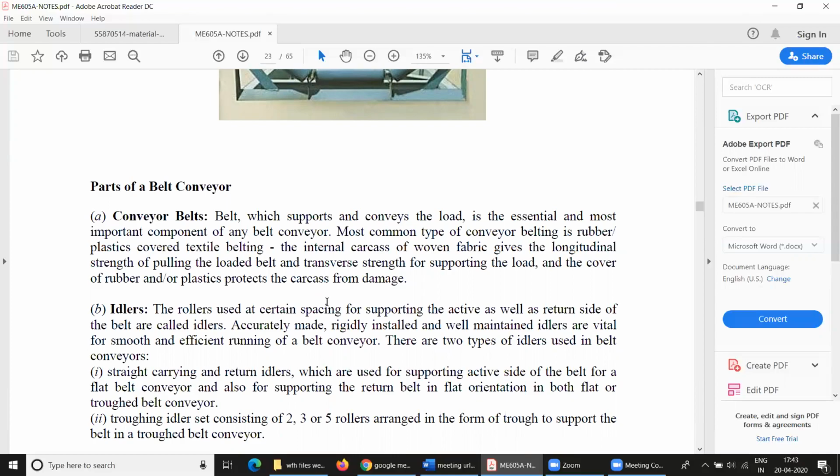Now coming to the parts of a belt conveyor, mainly we know that it is a constructional feature of a belt conveyor. The main component is the conveyor belt.